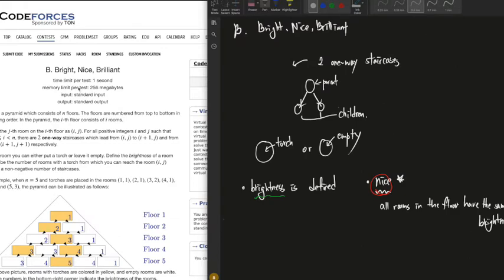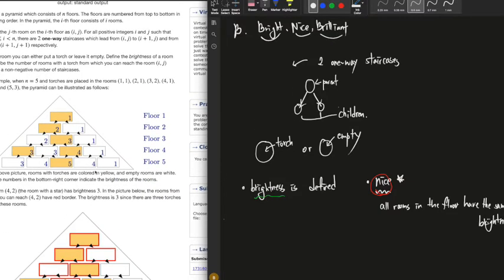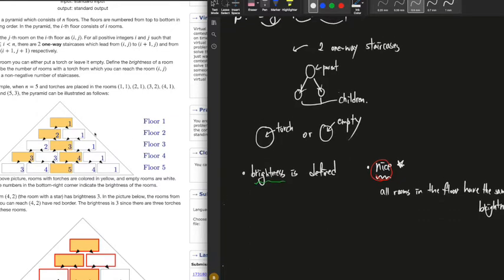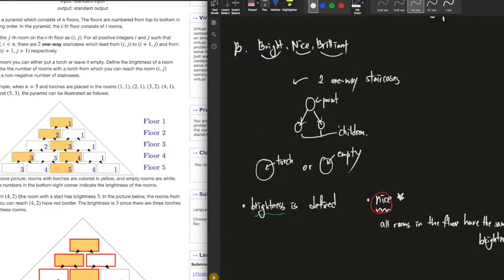Problem B. Bright, nice, brilliant. And as you can see, there is a pyramid which consists of n floors, floor 1, floor 2, floor 3, floor 4, floor 5, etc. And it looks like a tree because it has parents and children.